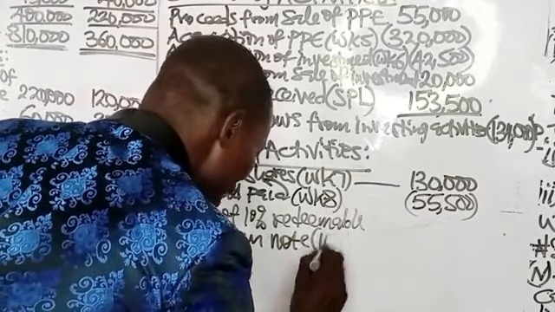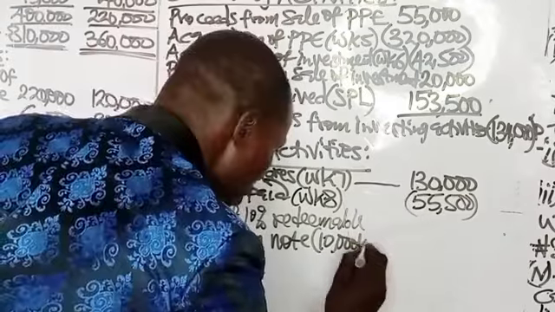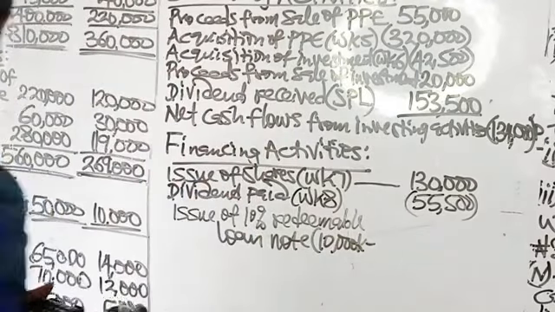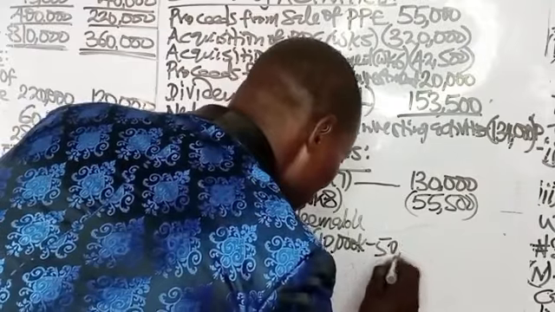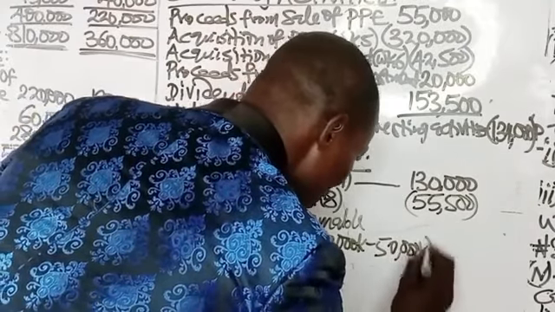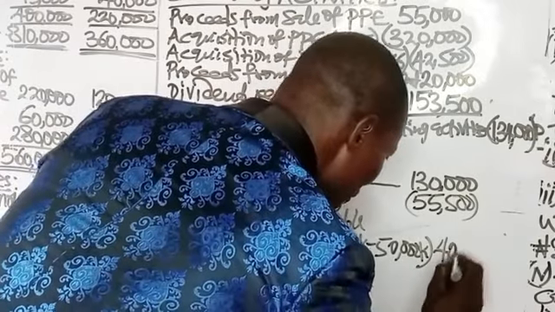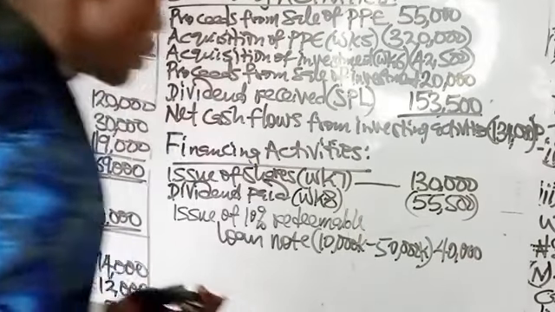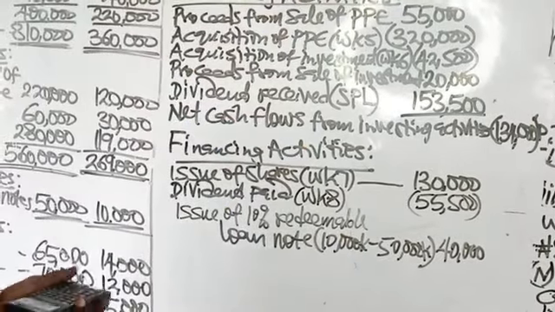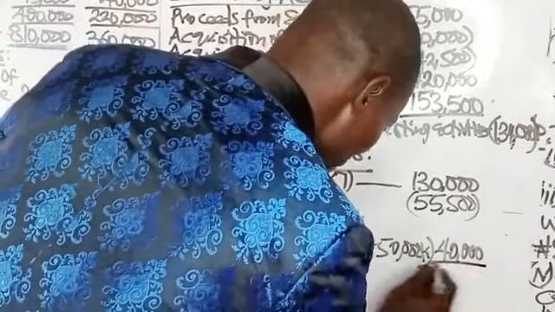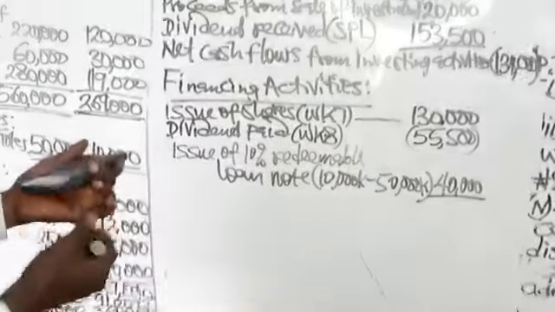Opening balance 10 million. Closing balance is 50 million. Increase of 40 million. Then we've done with every necessary information that needs to be included in our statement of cash flows.